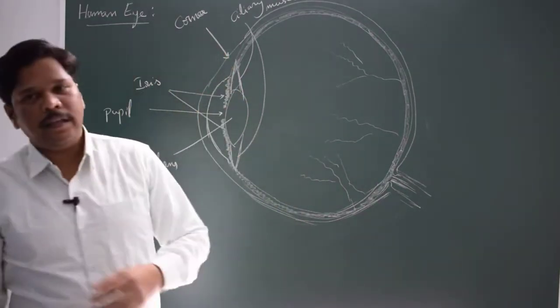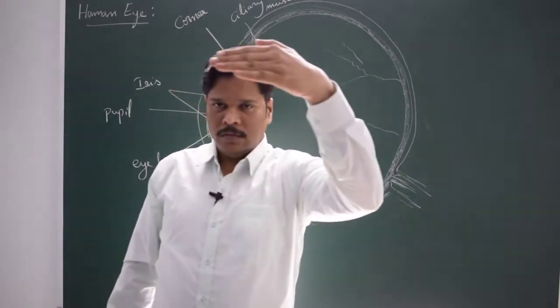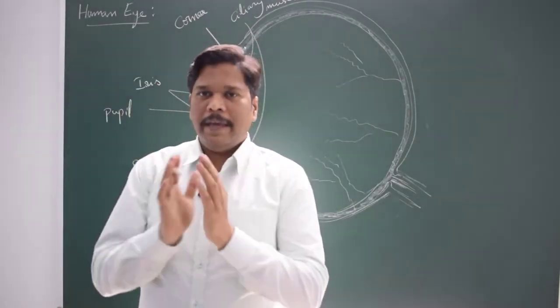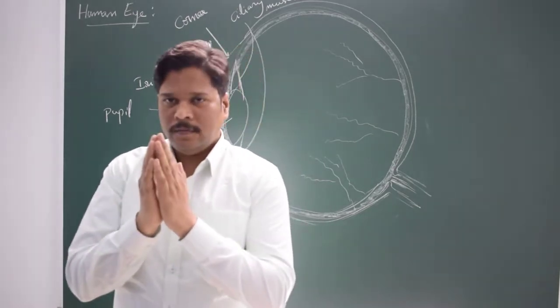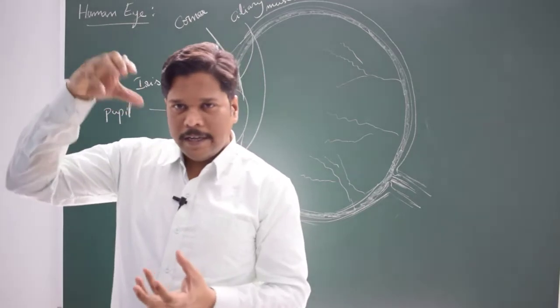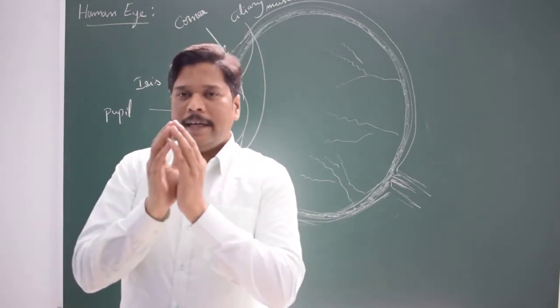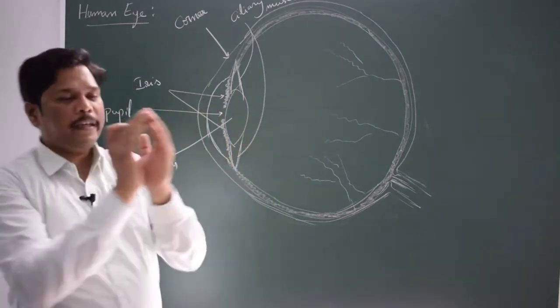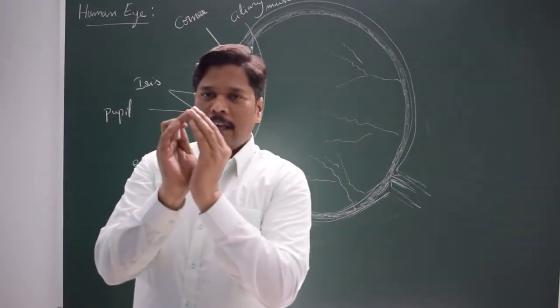Whenever we are seeing far objects, our ciliary muscles relax, making the eye lens thin. Whenever we are seeing a nearby object, the ciliary muscles are under tension and they reduce the focal length of the eye. That means the curvature of the lens increases if we are seeing a nearby object.